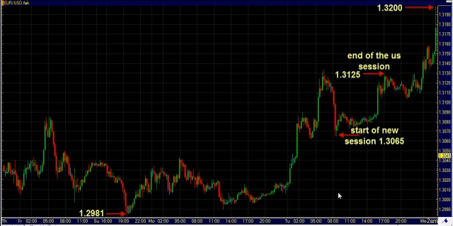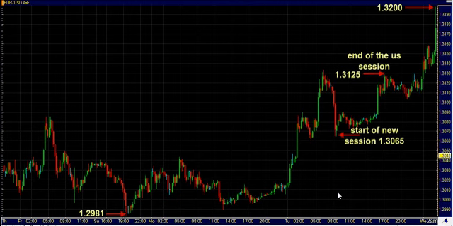I don't want to sell it long term. If during this session the news report came out positive and I believe that this euro can go to 132.50, 132.60, I'm going to wait till the end of the European session to perhaps place a long-term trade. Because once the trend is established during that session, it's going to continue at least until the end of that session, which is 7 a.m. New York time.